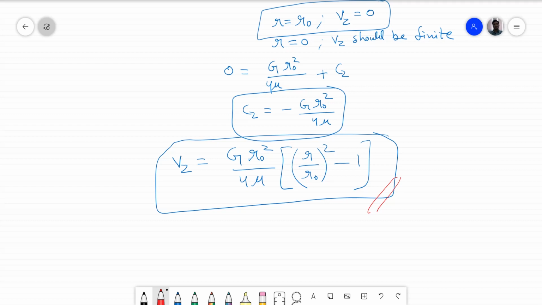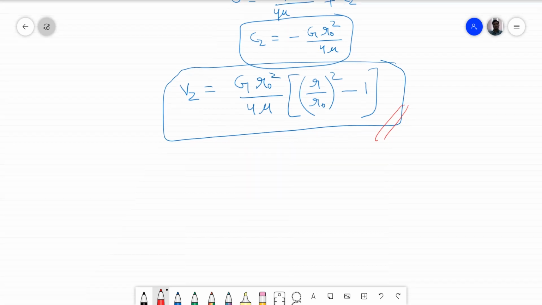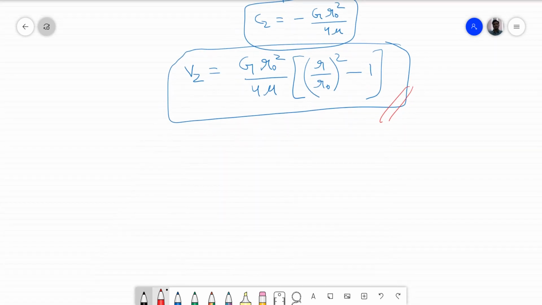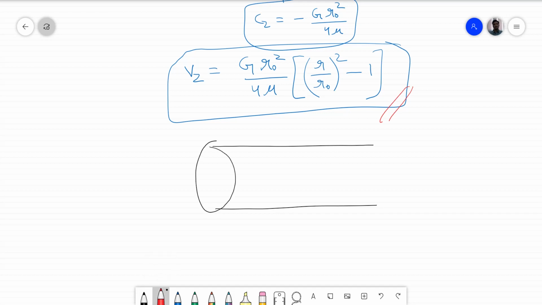So this is the final velocity field that we got, Vz as a function of r. This is a quadratic expression similar to what we got for the flat plate case. So now we can plot the velocity field in this pipe. At the center line, it is maximum. You can find that out by differentiating it.